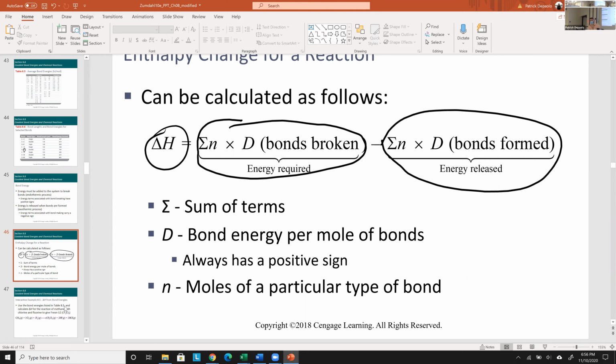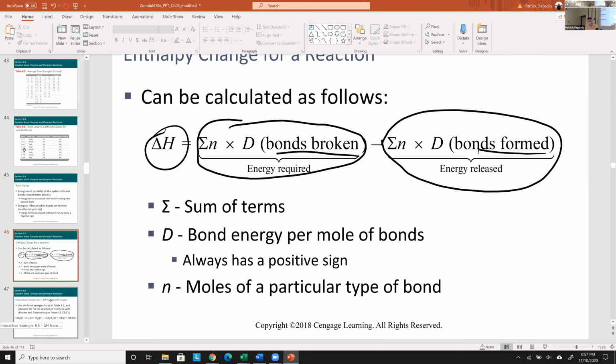But those enthalpies of formation were calculated using this. So this is more fundamental, going from the straight bond level, the straight atomic level. So just to reiterate, bonds broken minus bonds formed.